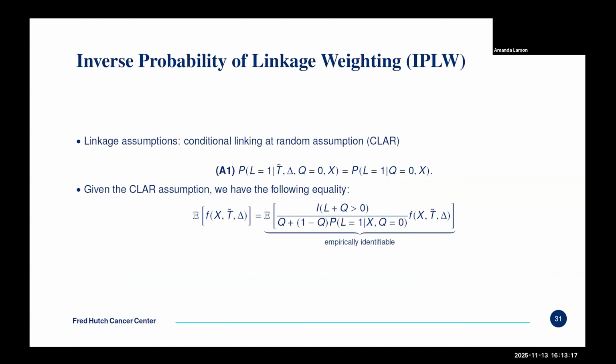The other method, the weighting method, relies on the linkage-at-random assumption, that whether you're linked just depends on your covariates, among those who are censored in the trial.